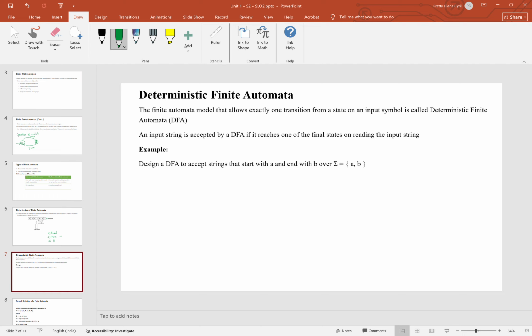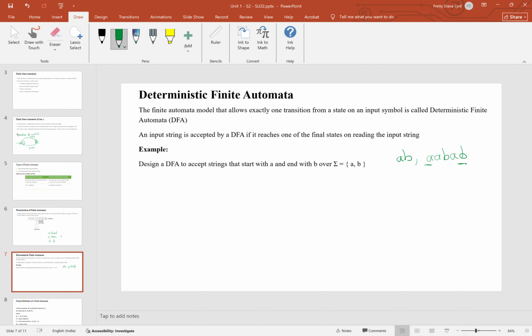The DFA accepts a string if it starts with A and ends with B. An example string is AB, which starts with A and ends with B. Next it can be AABAB. It starts with A and ends with B, and in between we can have any number of A's and B's. So based on that we have to draw.